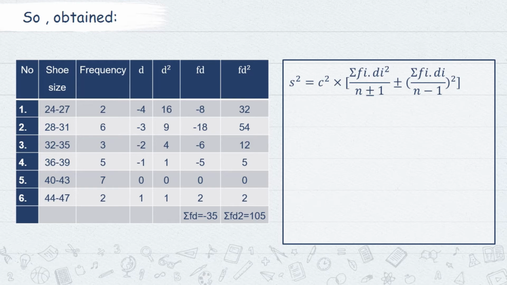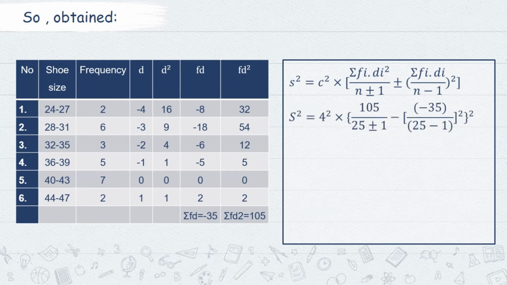The formula is S squared equals C squared multiply sigma frequency multiply deviation square divided by n minus 1, minus sigma f multiply deviation divided by n minus 1, squared.